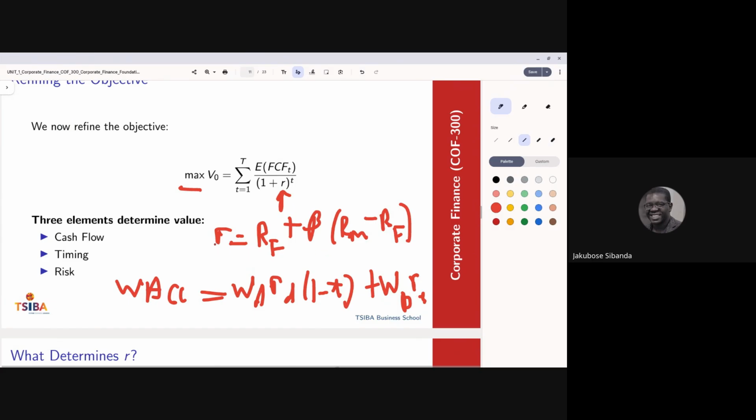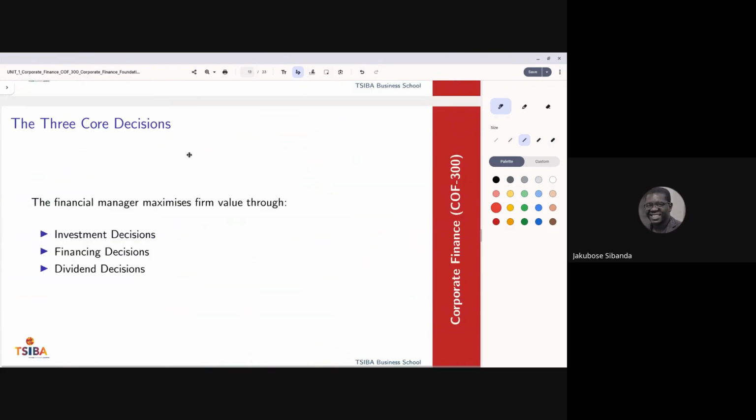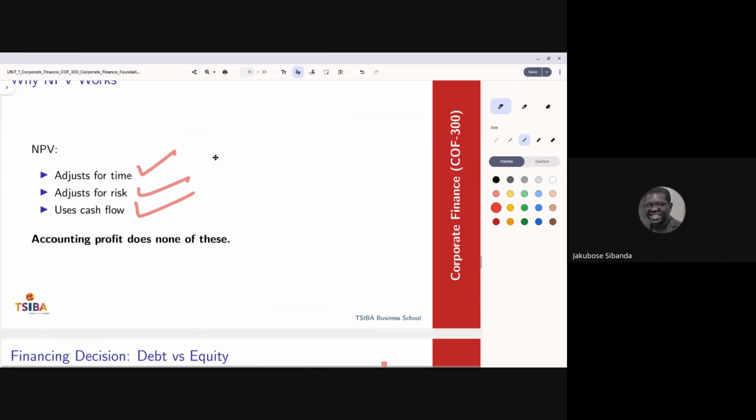So this was giving me equity, but now the WACC gives me a combination of the required rate of return when there is debt and equity. So whenever you put a WACC there, it means you should be having free cash flows to the firm. So in your terms, the R becomes a WACC. That's why the WACC is very important in determining the value of a firm.